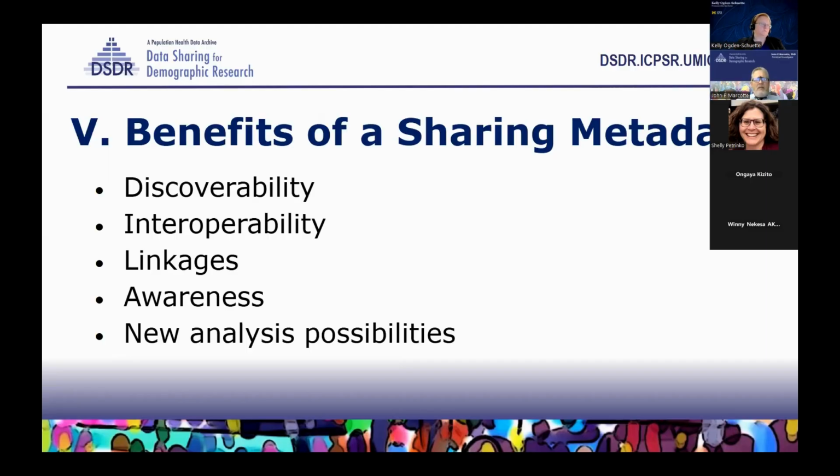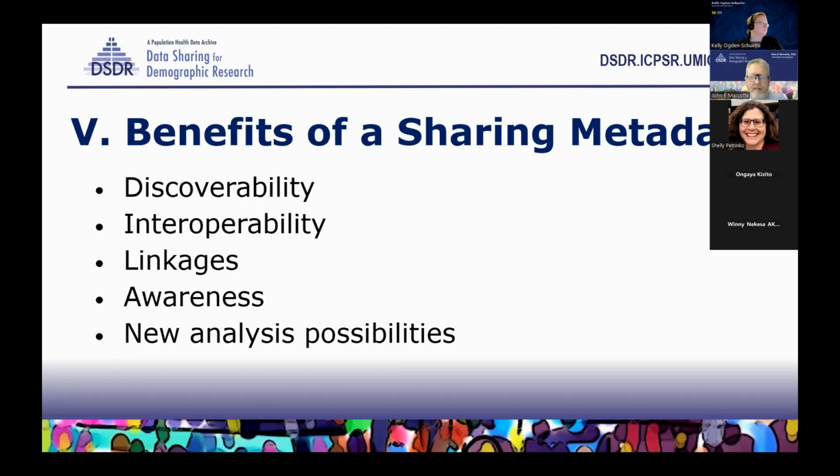You don't want to leave something in a vacuum. We want people to analyze data. We think data analysis is wonderful. We think that it enhances science, it advances public policy, it enhances public health. So we want people to be able to analyze data. So our goal is to try and make the data as discoverable as possible.